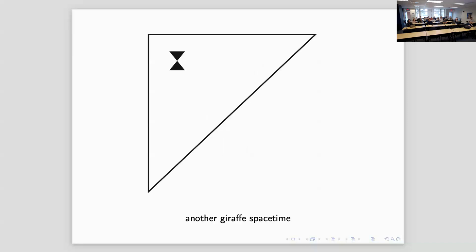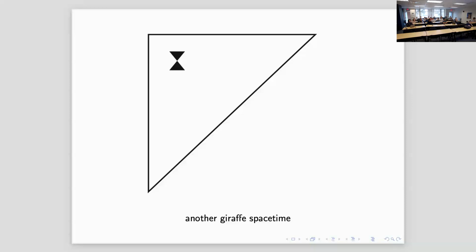Here's another giraffe spacetime. This one's a little bit easier to work with. This is two-dimensional Minkowski spacetime, where this is the origin, say on a manifold R2. What I've done is I've considered this triangle region, and then I've deleted everything outside of this triangle. And the result is, hopefully, again, it's intuitive that you're not going to be able to do any rotations, translations, boosts here.